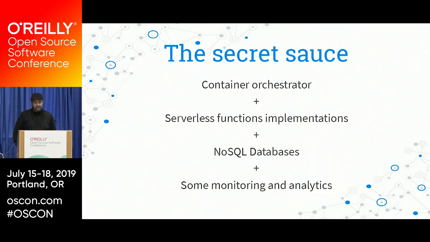So the secret sauce could be to have a container orchestrator like Kubernetes, have some serverless implementation like Lambda or that open source solution like OpenFaaS, and some kind of NoSQL database like Redis, Mongo, Cassandra. And finally, you have to do monitoring and make some analytics on that data that you are collecting through the chats.